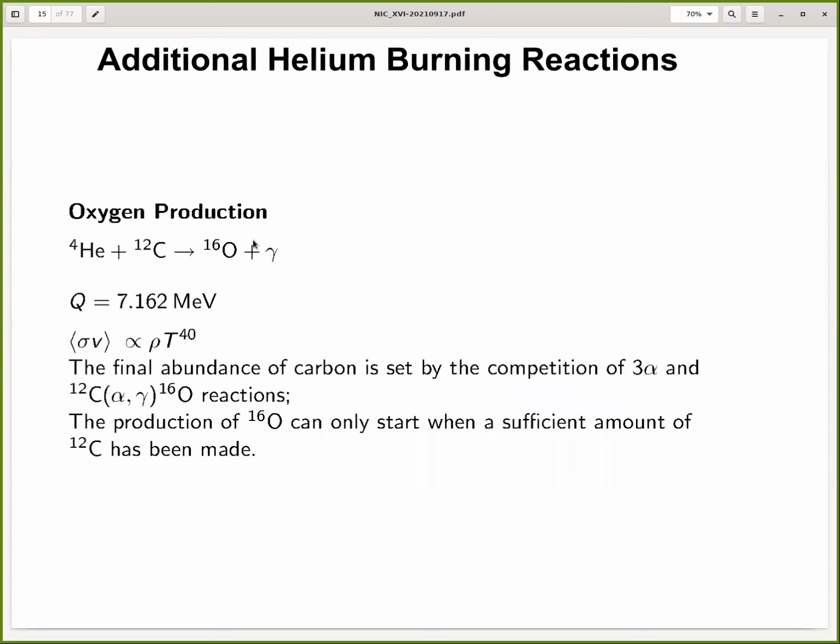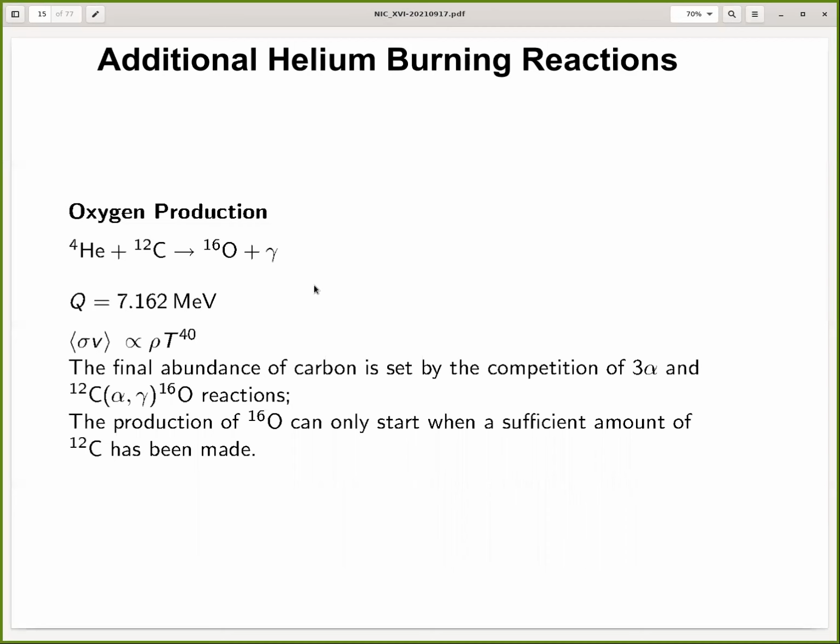So I'll put this on the slide. We have the oxygen production, helium-4 plus carbon-12 makes the oxygen-16. And again, we make about 7 MeV in total, but we use up only 1 alpha particle to make the same amount of energy that we released for the carbon-12. And that process has a similar temperature sensitivity of the order of temperature to the power 40, but it has a lower density sensitivity.